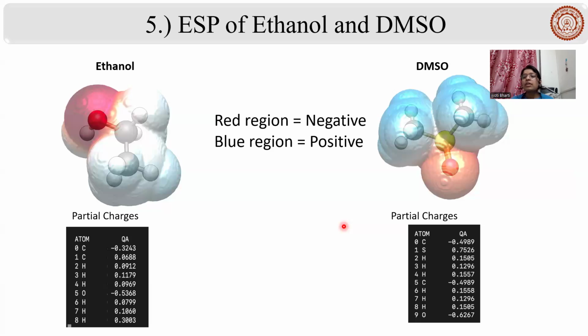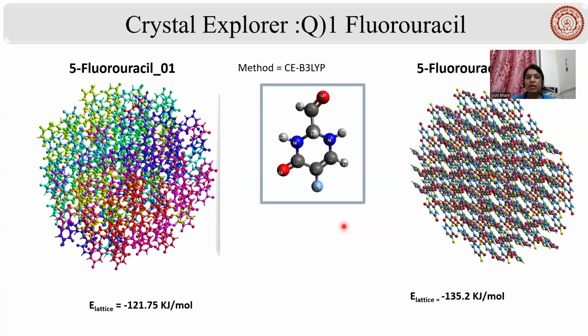Now we will be proceeding to the CrystalExplorer part. CrystalExplorer is software used for finding the interaction energy between crystals, like how they're interacting. We were given two polymorphs, which have similar structure but different arrangements.